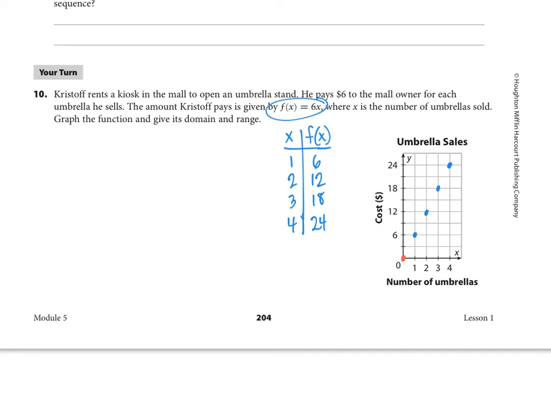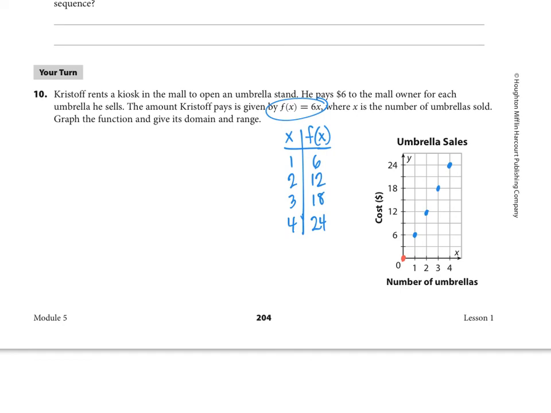But if I were to connect these, think about what this means. This means that Christoph could sell 2.5 umbrellas and get something like 15 bucks. Could he sell 2.5 umbrellas and get 15 bucks? No, that doesn't really make sense.